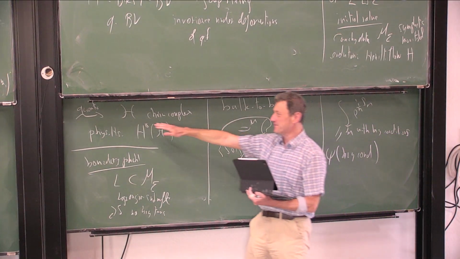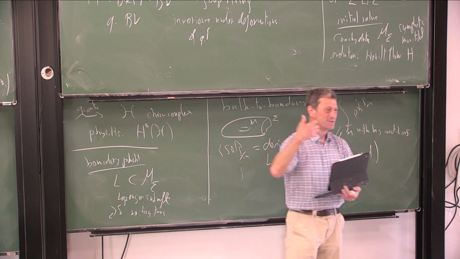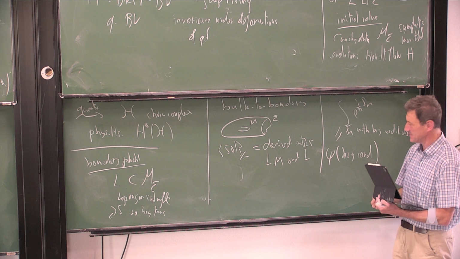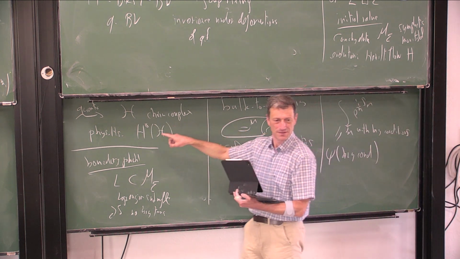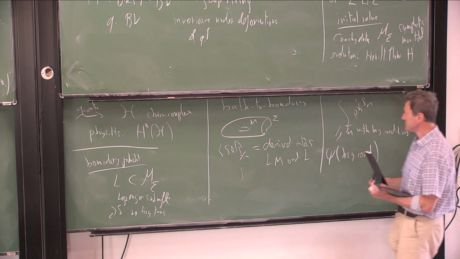Here in the graded version, this is also a bit more complicated, but the point is that, like in cohomology, you should be able to complete it. That H is a derived scheme module. Yeah, that H.